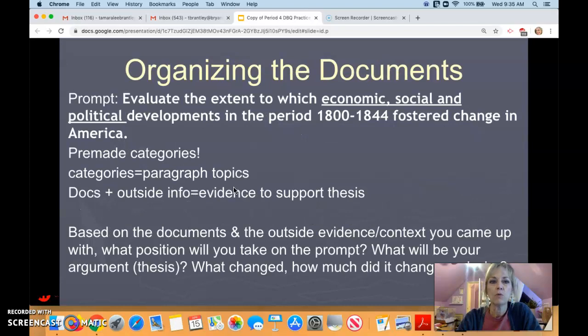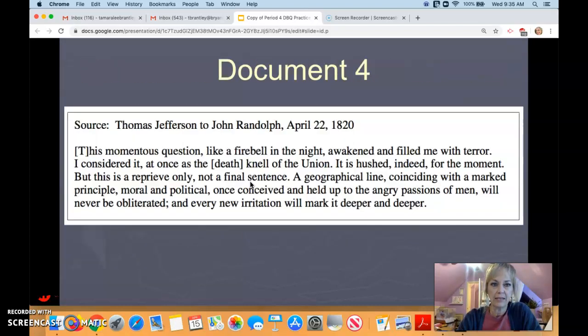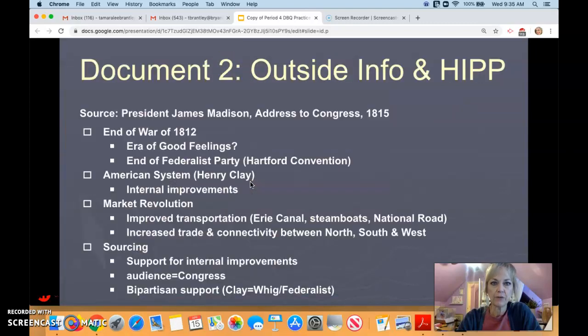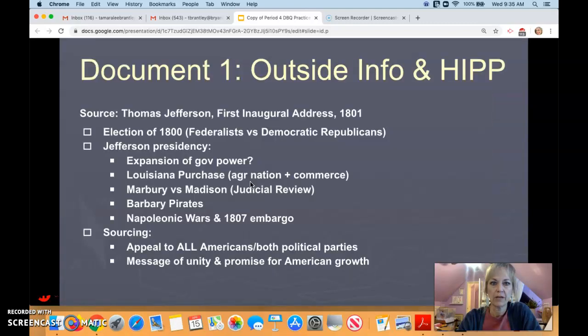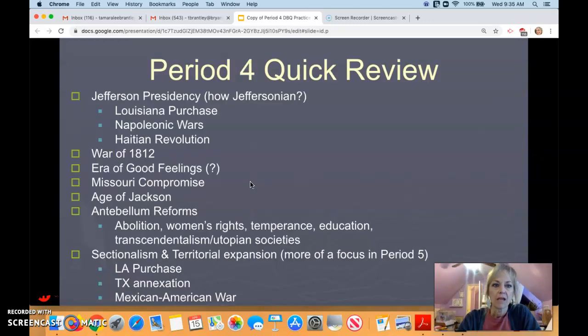If we think about what was going on, let's go back to the very beginning. If we go back to what is going on during the time period, think about the era of good feelings, where we talked about how it was called that because technically there was only one political party, the Democratic Republicans.